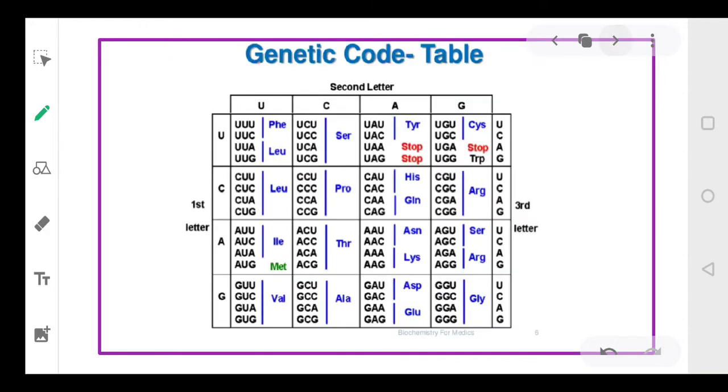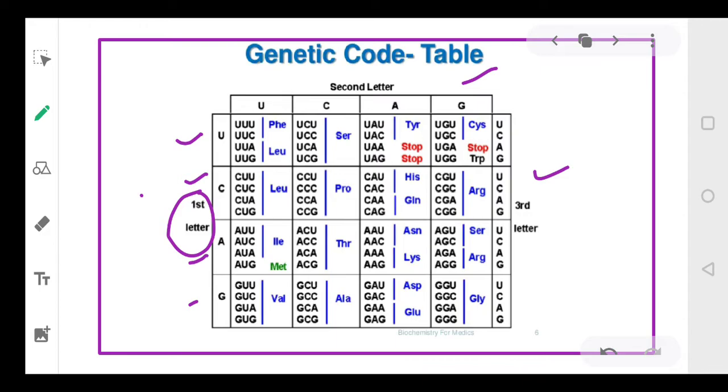Now this is your table. This table is very, very important, students. You must read this, and I'll tell you the ways to remember it. First of all, we have written the 4 bases. We have only 4 bases: U, C, A and G. We have written bases on 3 sides.